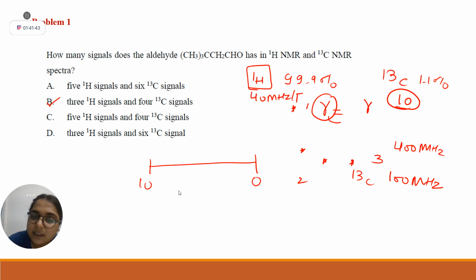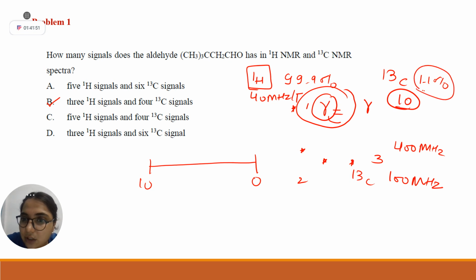But this reason is based on the gyromagnetic ratio. 13C abundance also comes in. Since the abundance is less, I think 0 to 10 can't cover that. I'm not getting the term right now.